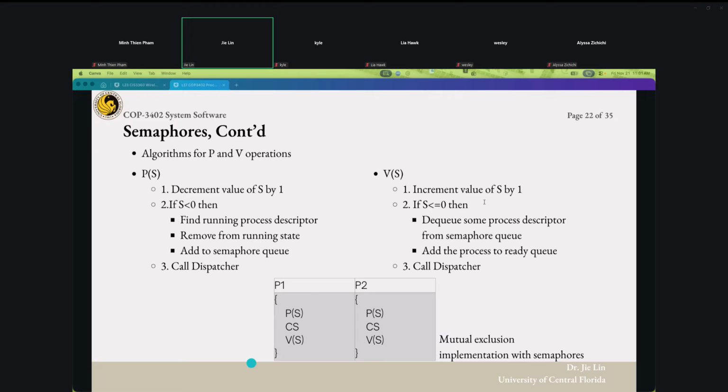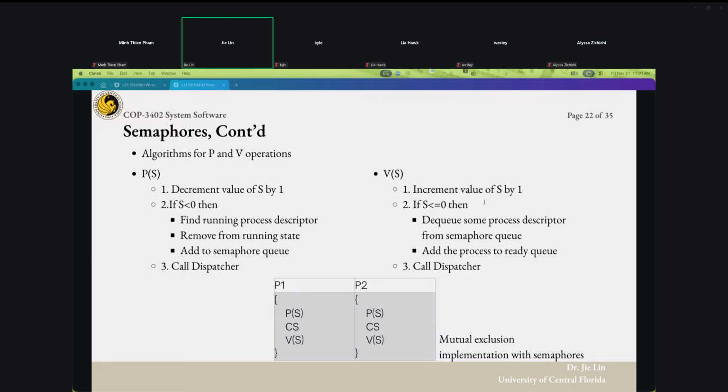All right. Now, let's focus clearly on how processes use semaphore operations to enforce mutual exclusion. Consider two processes, P1 and P2, each waiting to access their critical section, CS. Both processes follow a very similar pattern. First, we call P of S, attempting to acquire the semaphore. If successful, they enter the critical section. After completing the critical section, we call V of S to release the semaphore. We previously discussed P of S and V of S, so we won't repeat them here.